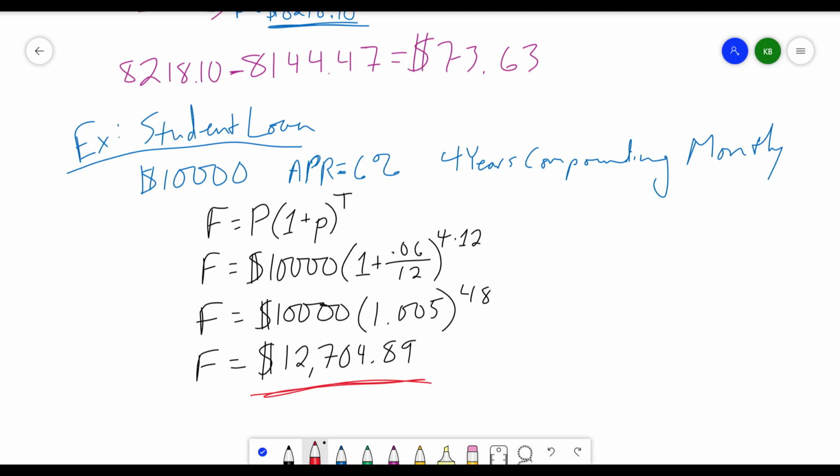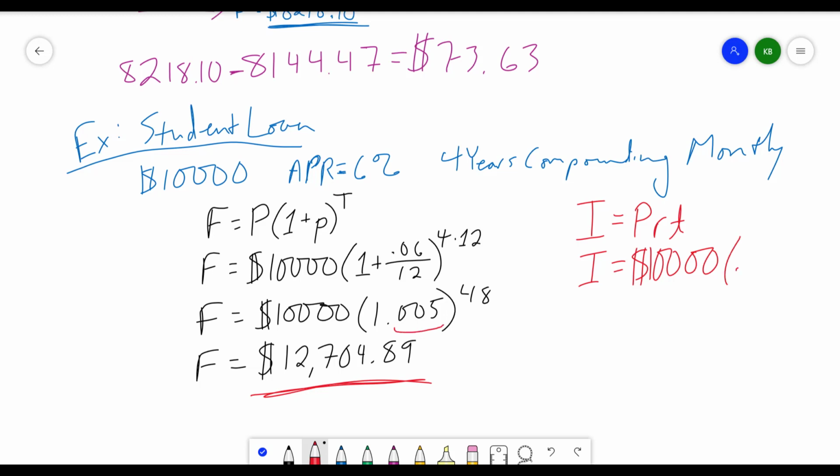So let's see how much you would actually have to pay every month for the interest on this loan. Our interest equals our principal times our rate times our term. Our principal is $10,000, be nice if it was $0, right? $10,000. And our rate, we use our monthly rate that we had figured out already of 0.005.